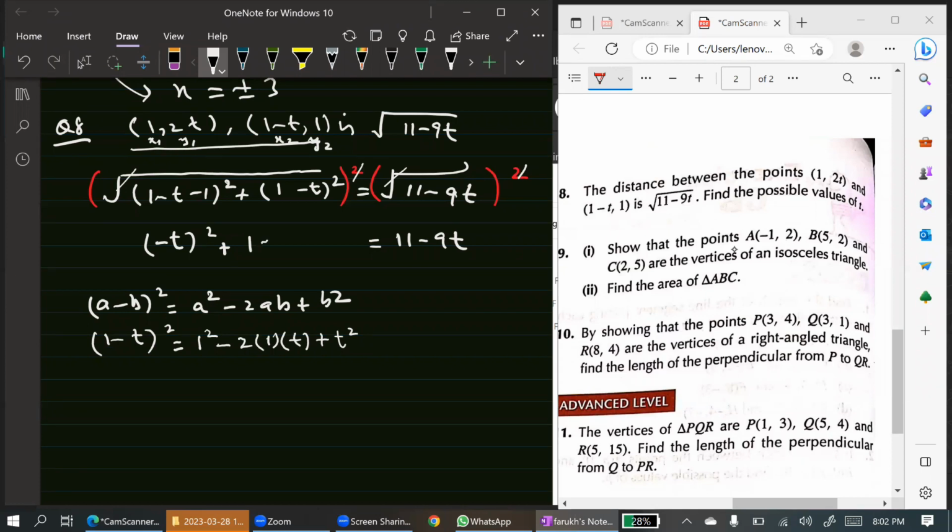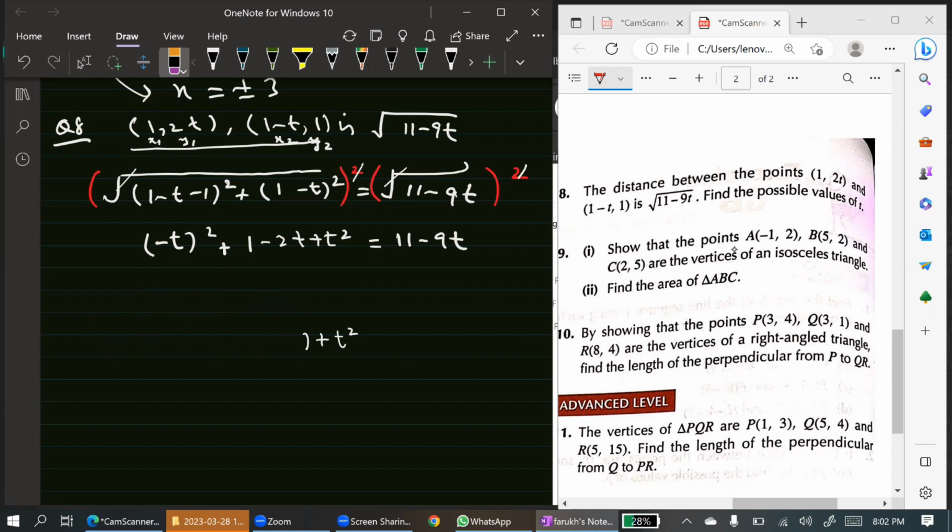This will be 1 minus 2t plus t square. Now we will simplify this expression and get the value of t. T square plus 1 minus 2t plus t square minus 11 plus 9t is equal to 0. 2t square minus 7t minus 10 is equal to 0.